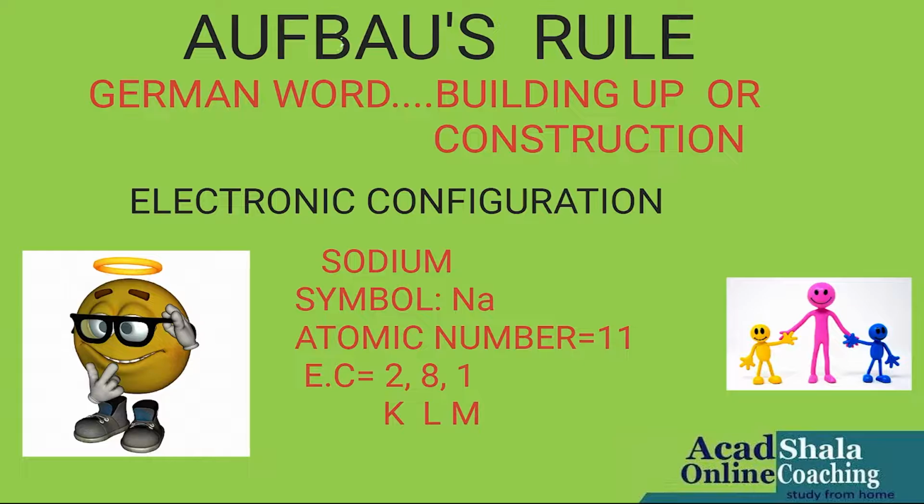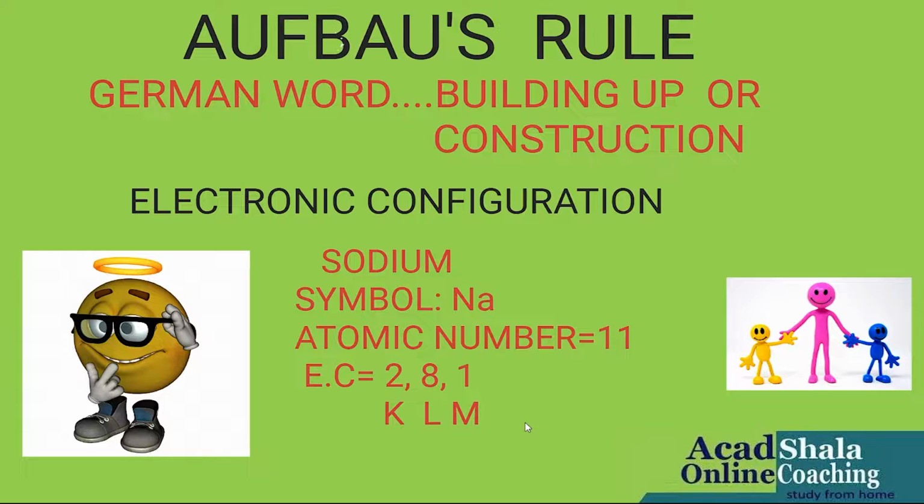But it is not the older one, children, which we studied in class 9th and 10th. There we studied the electronic configuration on the basis of shells, which was given by Bohr's model, and it was only for shells. For example, element sodium, symbol Na, atomic number 11, electronic configuration 2, 8, 1, that is K, L, M, which are known as shells.